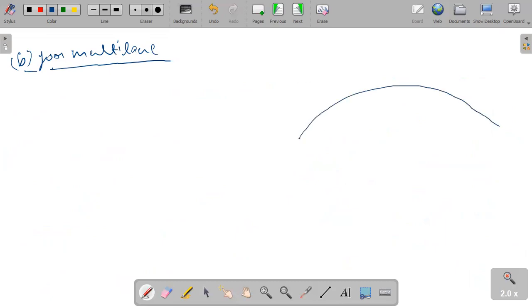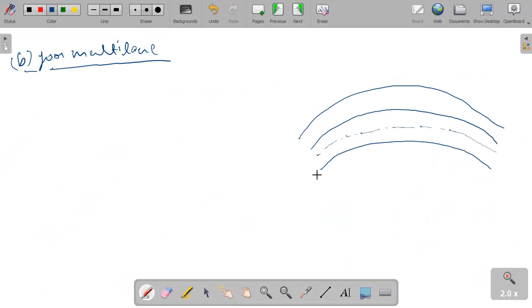So it's something like this and something like this. Here we have another curve like this, and here we have a dotted line, just something like this.